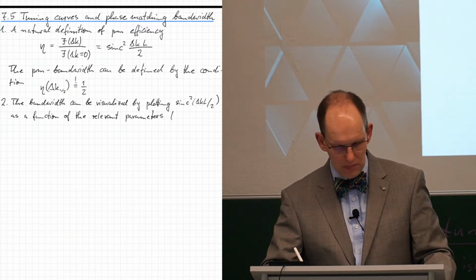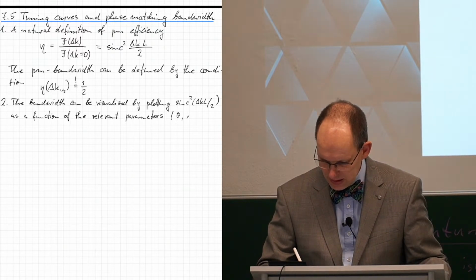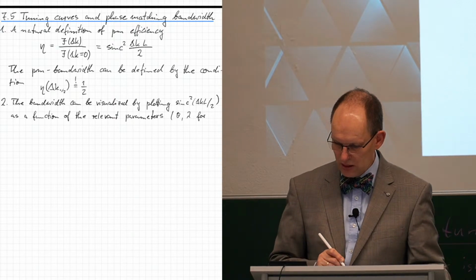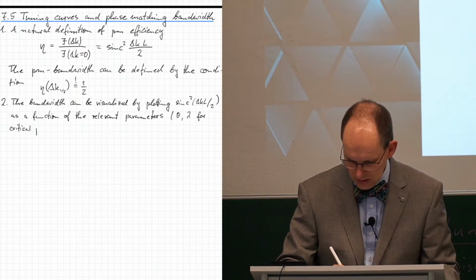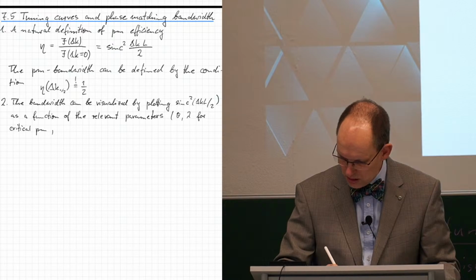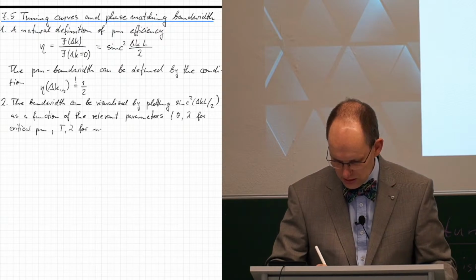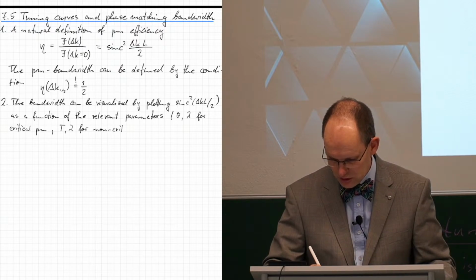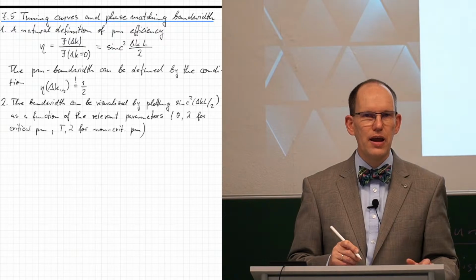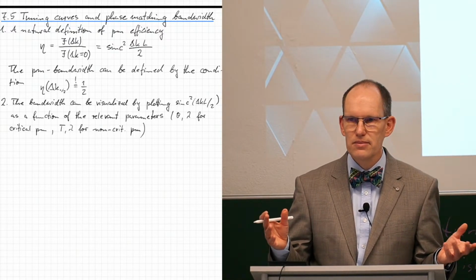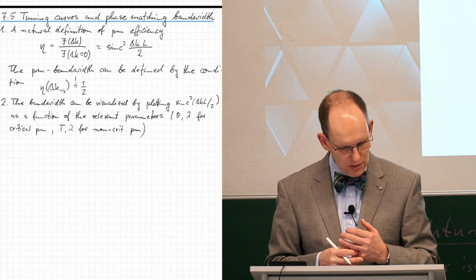And this could be theta and lambda for critical phase matching, or temperature and lambda for non-critical phase matching. Well, and if there are other ways of phase matching under certain circumstances, say pressure, then you would put these numbers here.